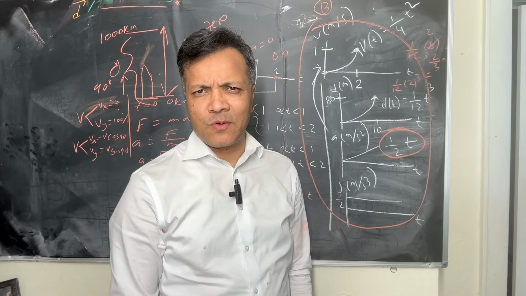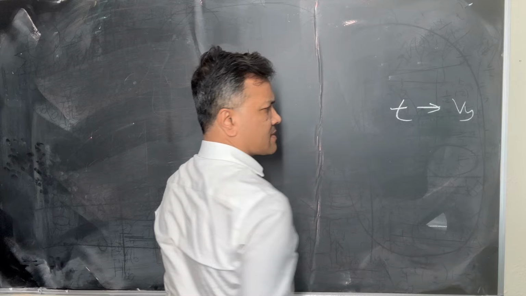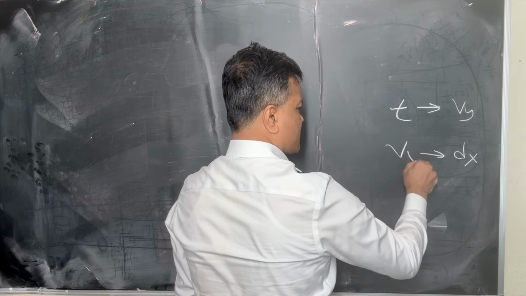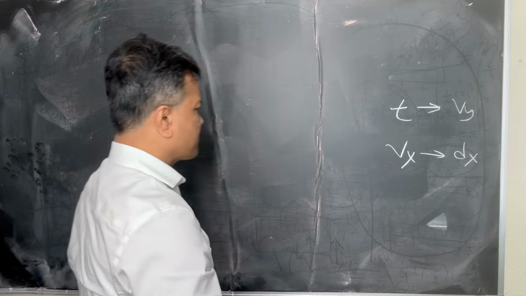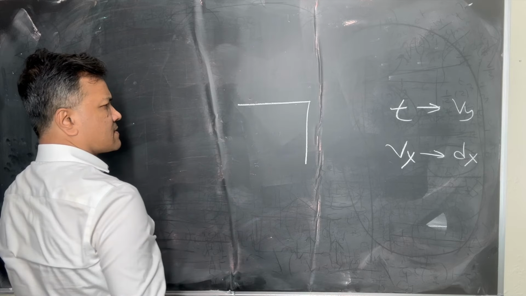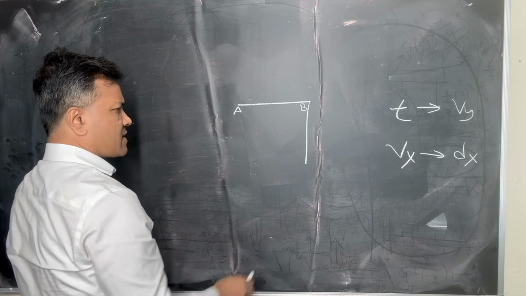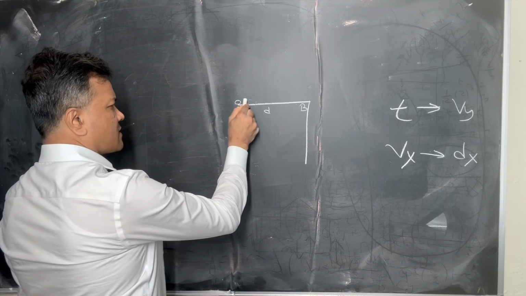Horizontal projectile motion. The time depends on Vy, and the range depends on Vx. What do I mean? Let's consider a scenario over here. From location A to B, that's distance d, and you are driving.